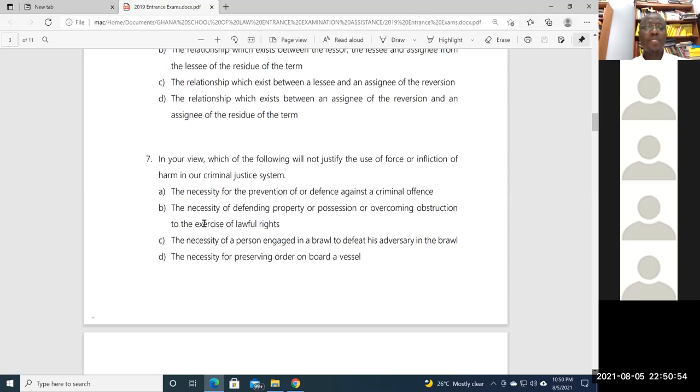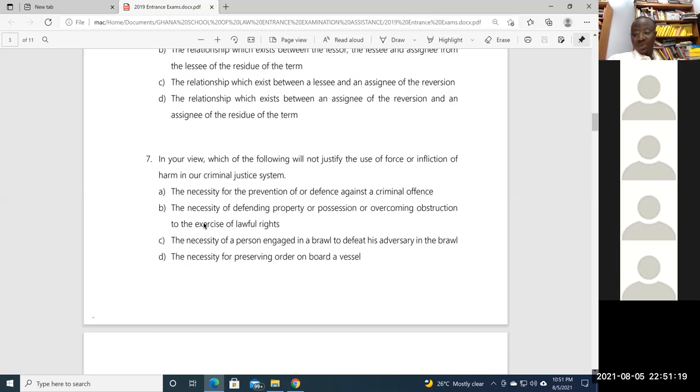Question 7 of 2019: in your view, which of the following will not justify the use of force or infliction of harm in our criminal justice system?